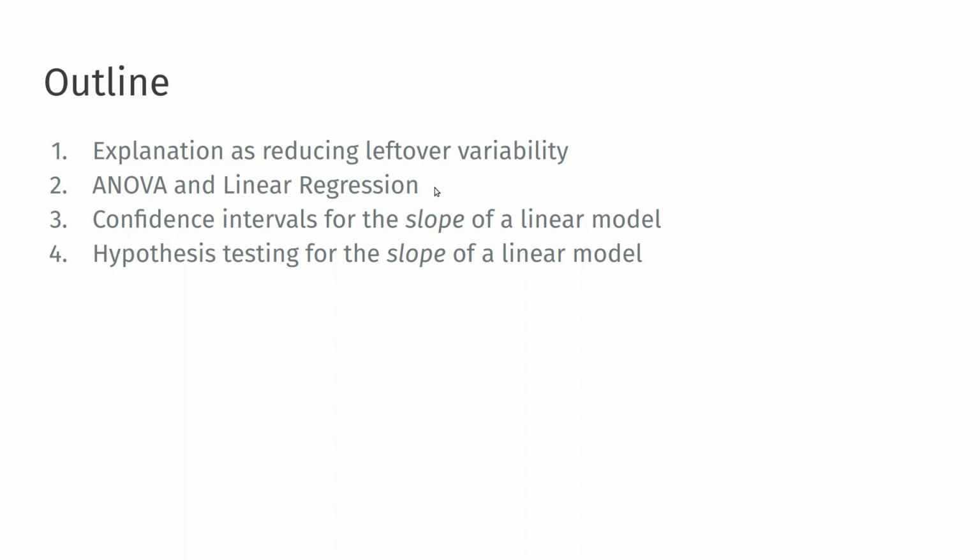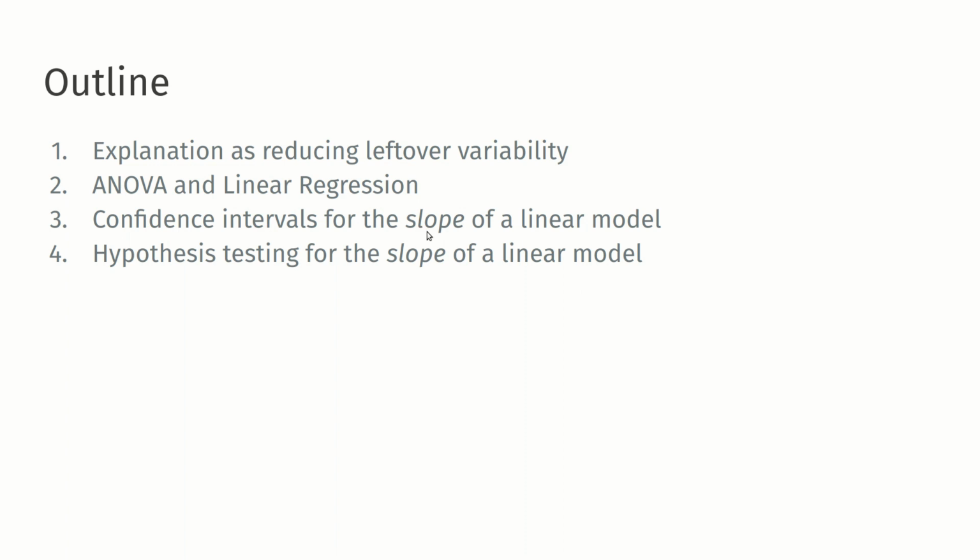And then finally, we'll get into some mechanics of doing inference with respect to linear regression, in particular, looking at our two categories of inference, doing confidence intervals. In this case, we're making confidence intervals for the slope of a linear model.